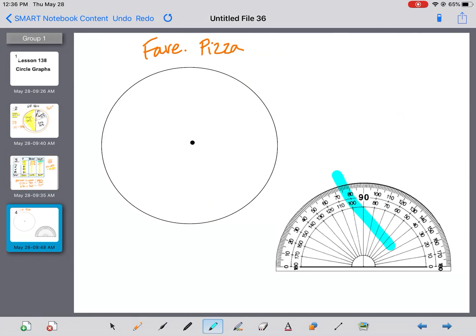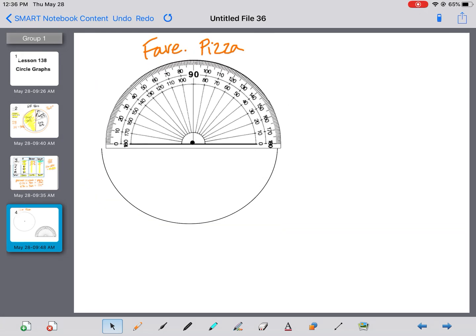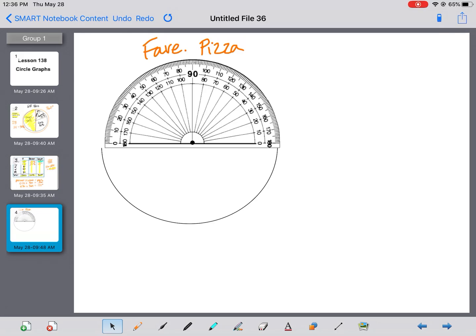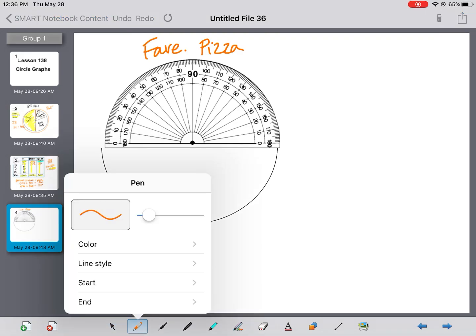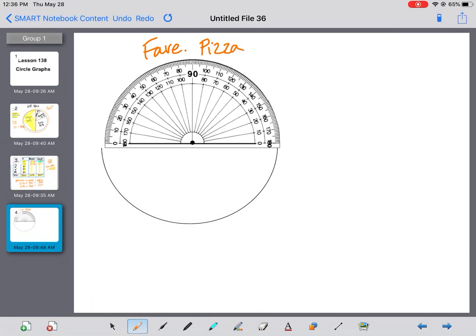So take your protractor and line it up on your circle like this. Then what you're going to do is, if you travel along the bottom here, draw a little line. Let's see how accurate I can be. Ooh, pretty close.